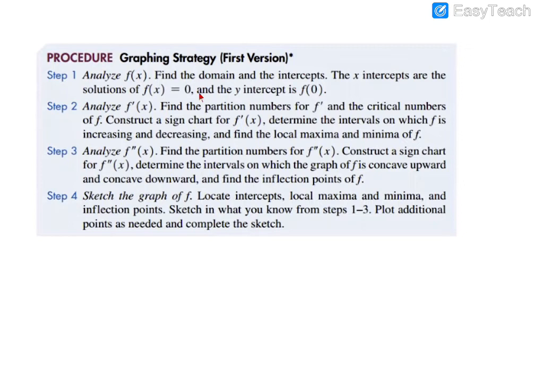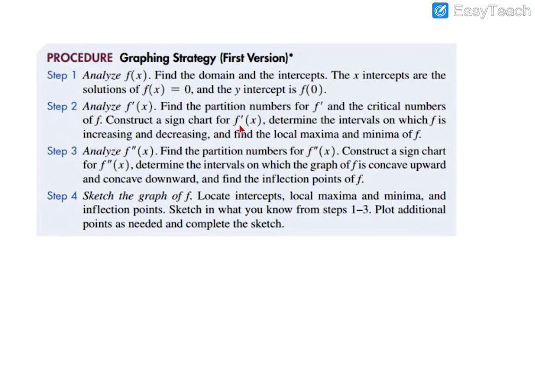And in the second step, you should analyze the f prime. First of all, find f prime and find the partition numbers for f prime, because you should analyze f prime by making the sign chart, and find the critical numbers of f.